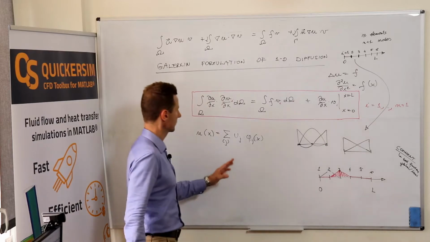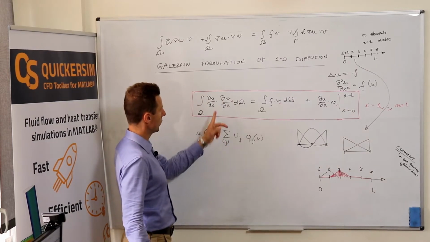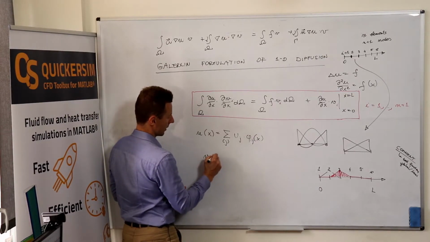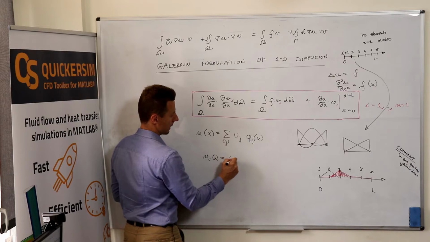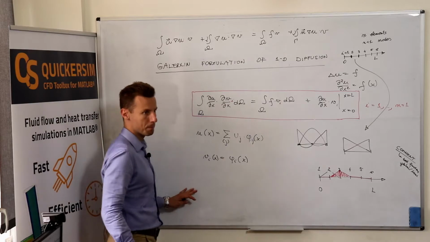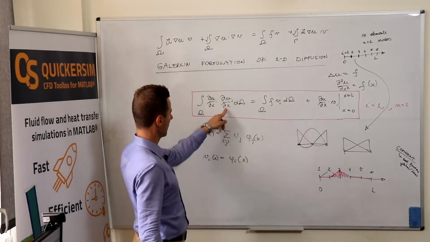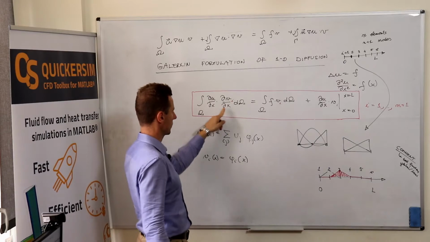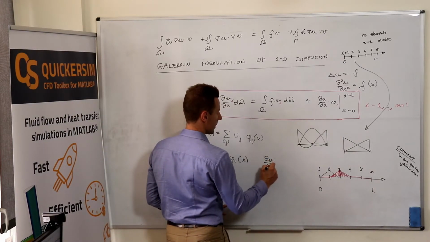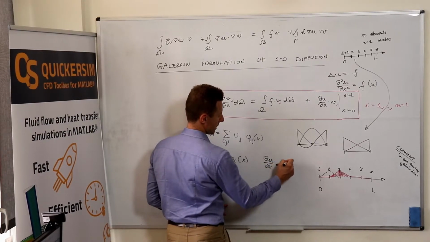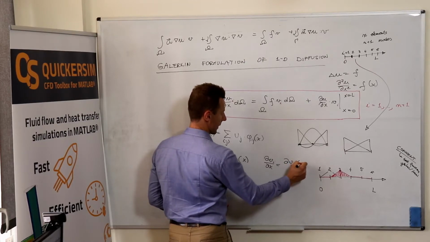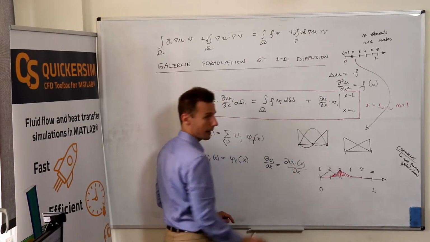So what we need, we already know that our v_i will be nothing else than simply phi_i at x. What will we need? We will need the derivative with respect to x. So dv_i/dx equals nothing else than taking phi_i at x with respect to x.